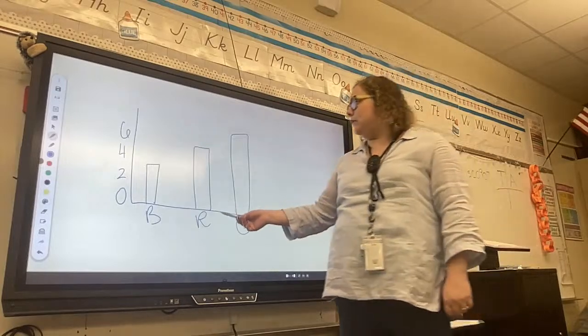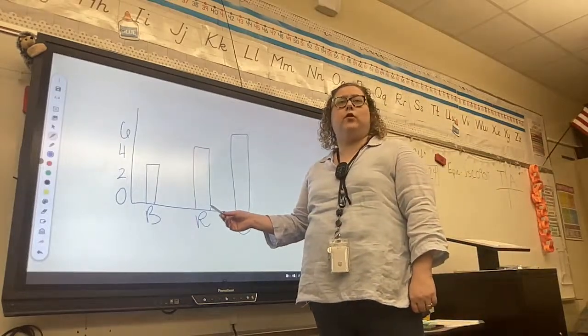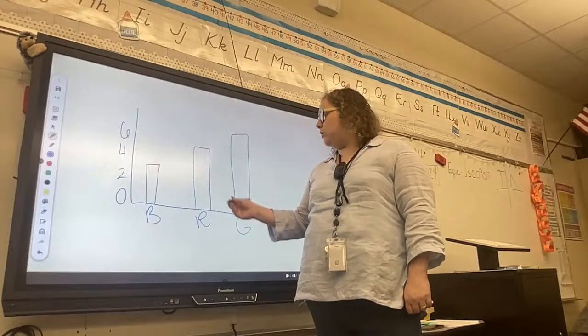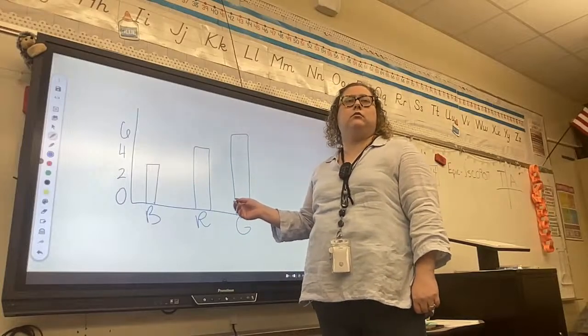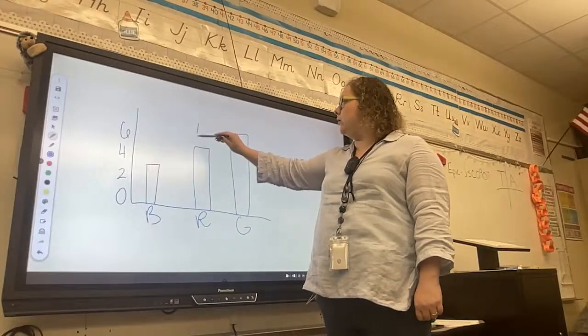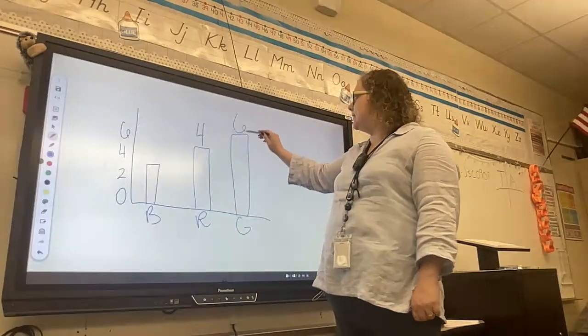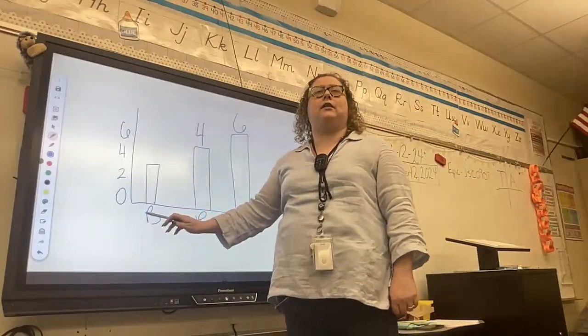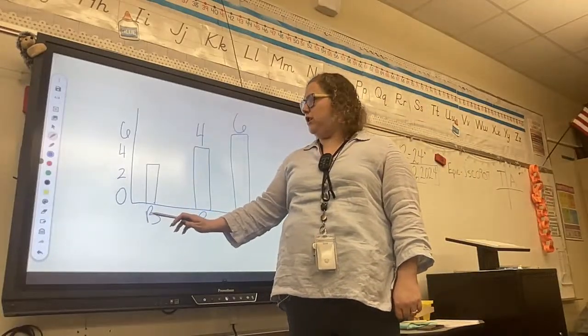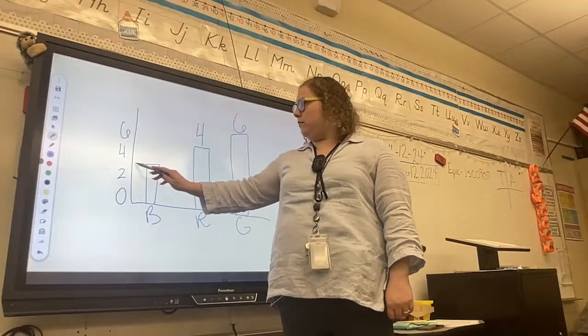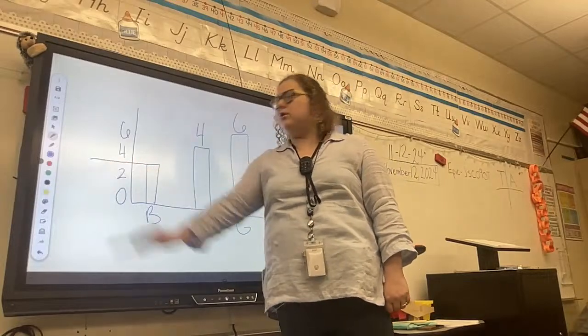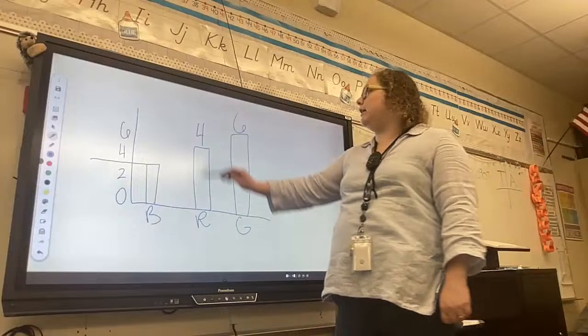What's red sitting at? 4. What's green sitting at? 6. So this is sitting at 4. This is sitting at 6. And blue is sitting at 2? It's right here in the middle. So it's sitting at 3.